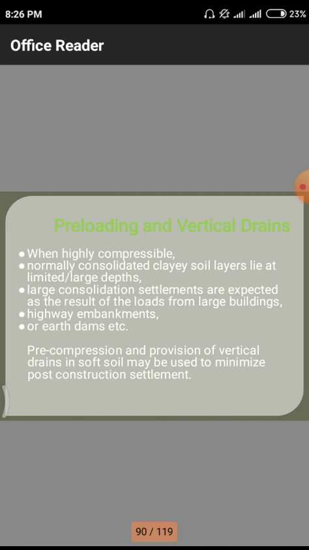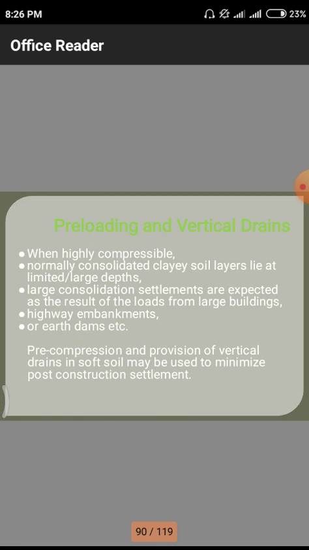And next, large consolidation settlements are accepted as the result of loads from large buildings. Whenever a huge structure is there, due to its size and the materials used, the total load is applied on a particular footing, so there may be some kind of settlements.